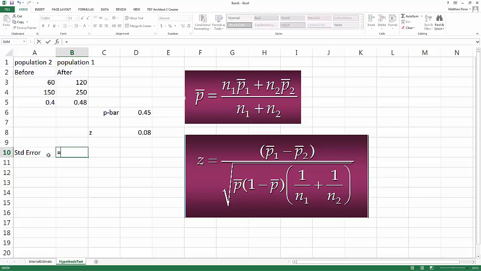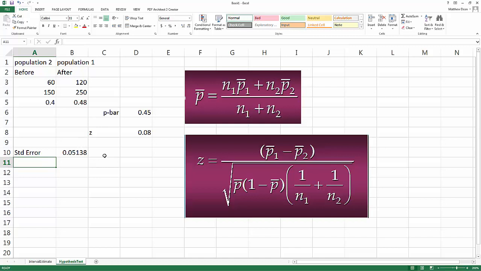So let's do the square root of P bar, no, just P bar, which is this one, P bar times (1 minus P bar), times (1 divided by 250 plus 1 divided by 150), and we get 0.0514.